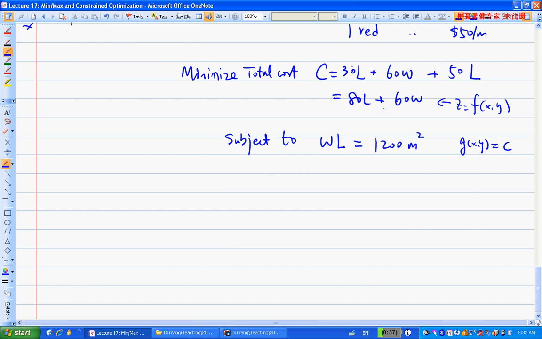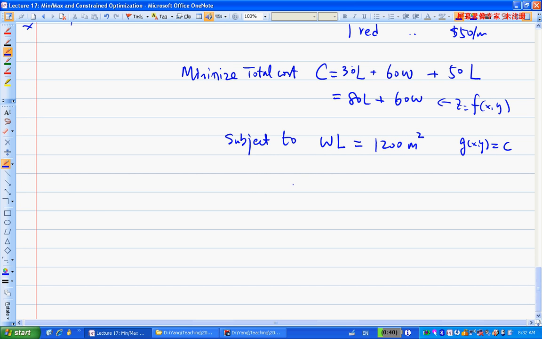For simple ones like this, you can basically solve algebraically. For example, WL equal to 1,200 meter square.